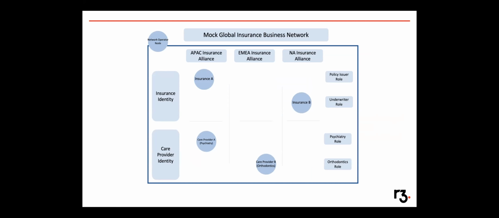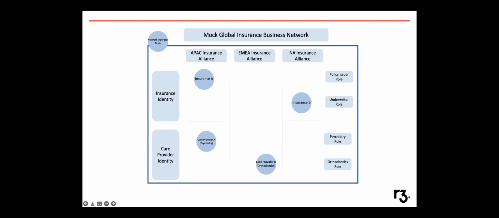Insurance company A and care provider A belong to the APAC Insurance Alliance. Care provider B belongs to the EMEA Insurance Alliance, and insurance company B belongs to the North America Insurance Alliance. So we are already assigning labels to the nodes.